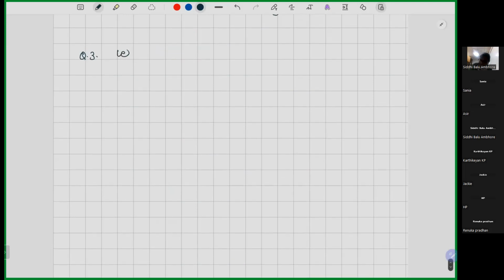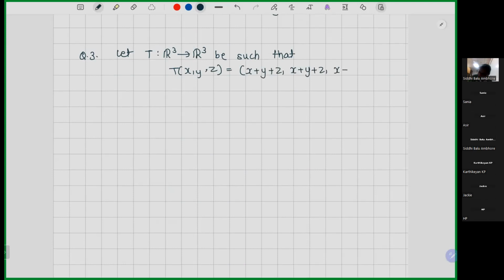They are saying: let T from R cube to R cube be such that T of (x, y, z) is equal to (x plus y plus z, x plus y plus z, x plus y plus z).